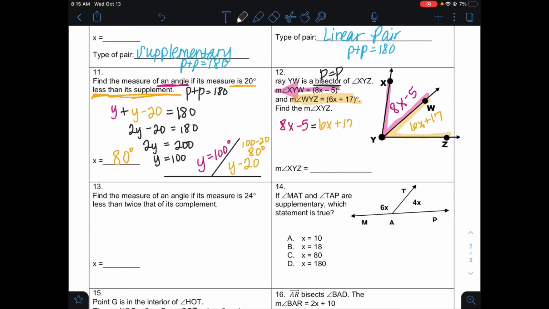All right, so I set up the equation, part equals part, and solve for x. All right, once you solve for x, plug it back in.